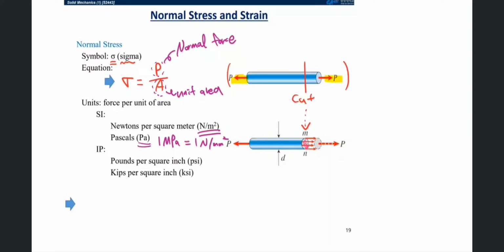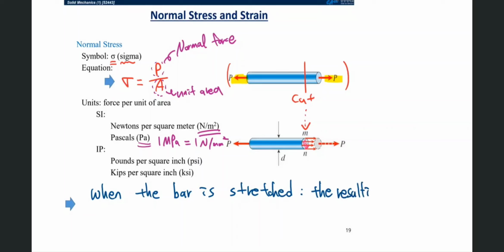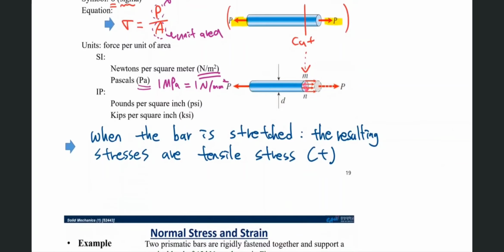Another type of stress is called shear stress. When the bar is stretched, the resulting stresses are tensile stress, and we use the positive sign convention.